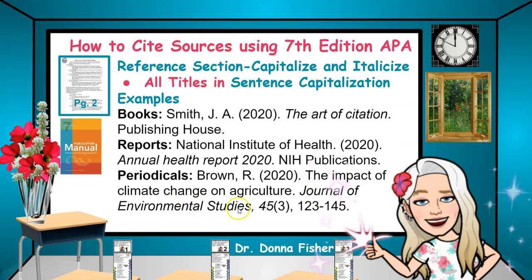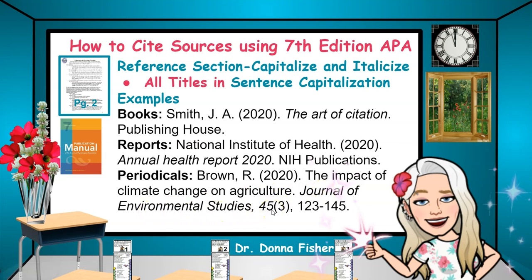Journal of Environmental Studies is capitalized, as well as the first number here, which is the volume. It isn't until the parentheses with the series that we do not have italics. So the italicized goes all the way up to this 45.